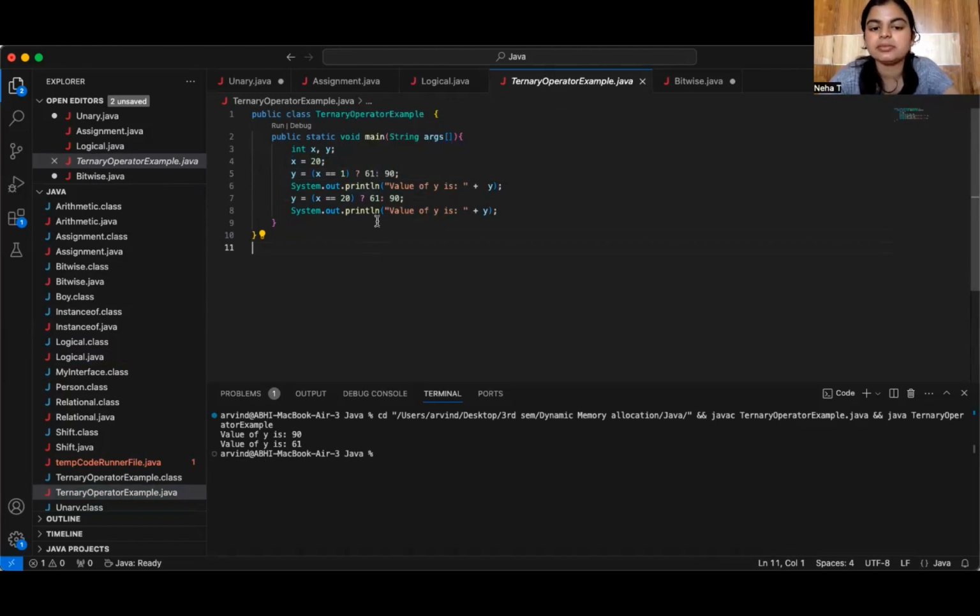Then System.out.println the value of y. Is this true? No, because x is not equal to 1, so the value printed will be 90, since this condition is not true. After that, y is equal to x equals 20, and we've initialized x as 20 already. So this statement will be true and hence it will print 61 as the answer here. So this is the ternary operator.